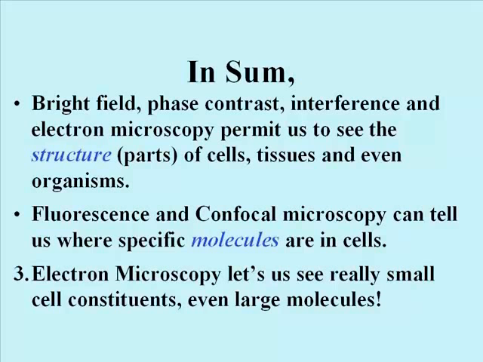Finally, electron microscopy is a really high-power, high-magnification instrument that lets us see the really small cell parts, and in some cases even some very large molecules. You will see that we can even use electron microscopy under the appropriate conditions to localize specific molecules to those very small cell compartments or cell components.